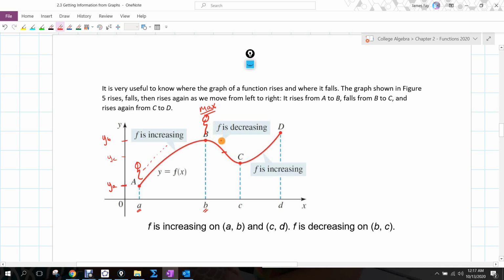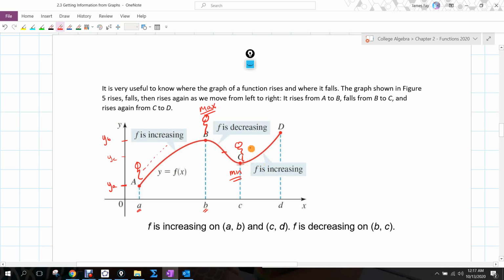You'd be maybe losing altitude. I get here, and I'm kind of in the valley of this curve. A valley is referred to as a minimum. At a minimum, you're neither increasing nor decreasing, but it's the transition between those two. And then as we go from C to D, we are increasing.